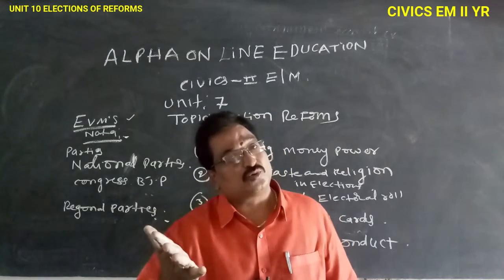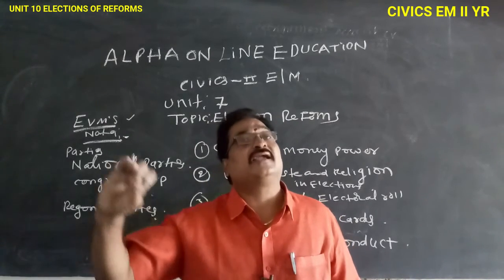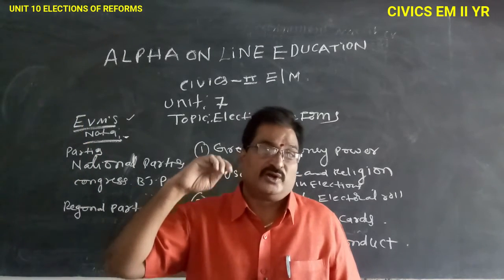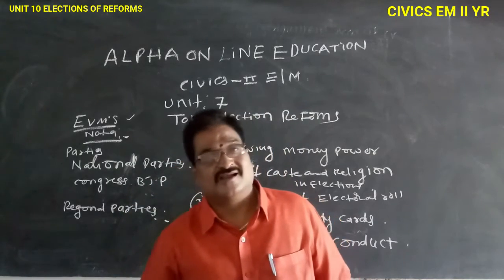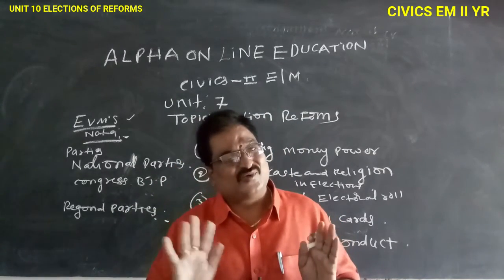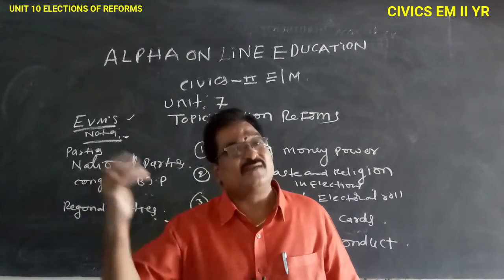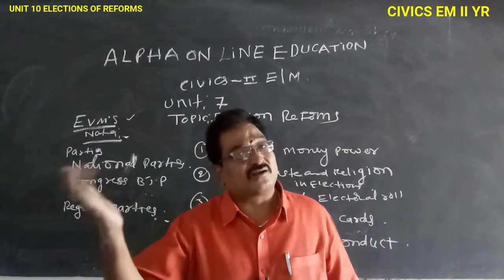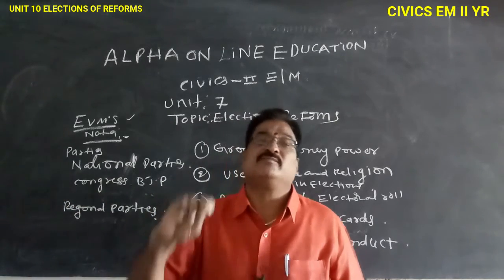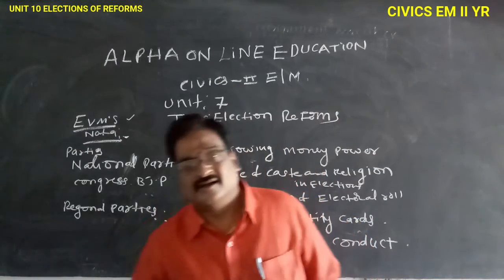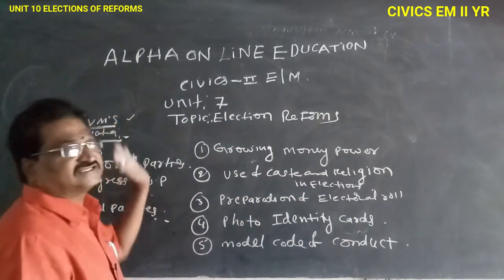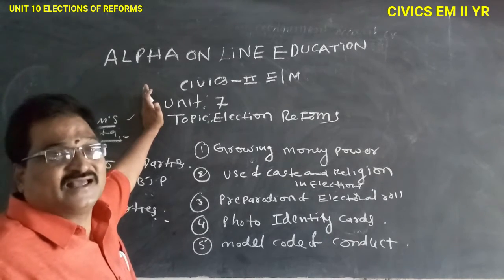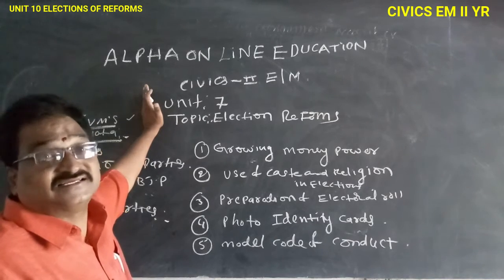NOTA means you do not give your vote to any party or any candidate. You use your vote, but you do not like the candidates, so you use NOTA. It is a separate button in the electronic voting machine. Okay, so these are all the reforms in elections.